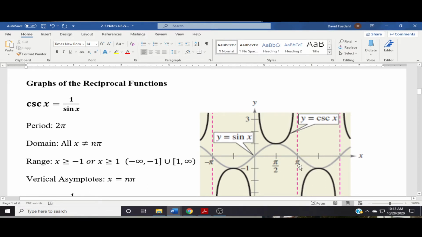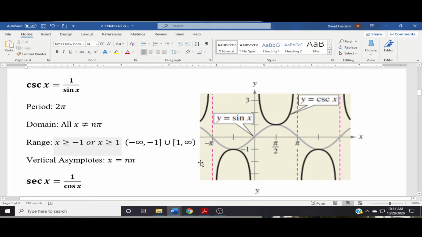Okay, and its domain is everything but multiples of pi, because obviously sine of pi is 0, and it has a 2 pi period, as in it's related to just sine. So it has the same period as sine. Okay, and then this is its range from negative infinity to negative 1, and from 1 to infinity. Okay, vertical asymptote at n pi.